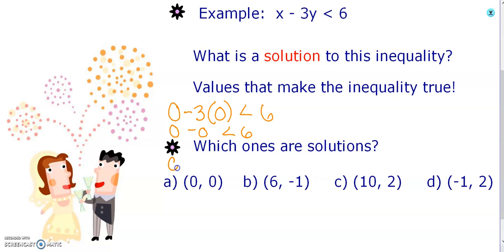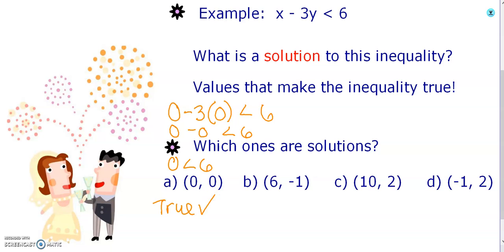Is 0 less than 6? Is that a true statement? That's what you have to think of. And I often tell students to read it out loud because you might catch yourself saying something out loud that is false or funny versus just reading it. So is 0 less than 6? Yes, that's true. So (0, 0) is a possible solution.